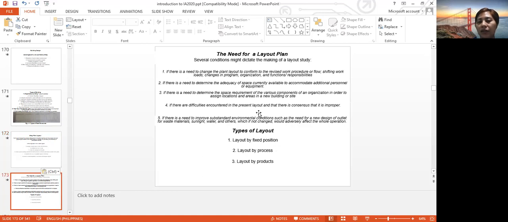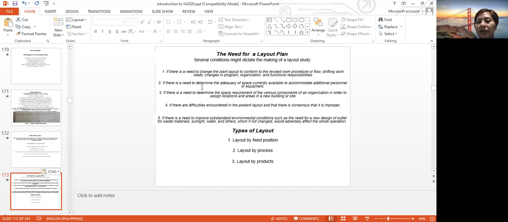Okay, so the need for a layout plan. Several conditions might dictate the making of a layout study. First, if there's a need to change the plant layout to conform to the revised work procedure or flow, shifting workloads, changes in program, organization, and functions or responsibilities.